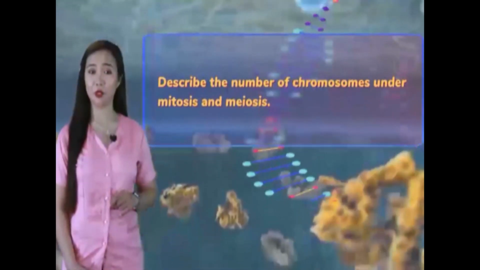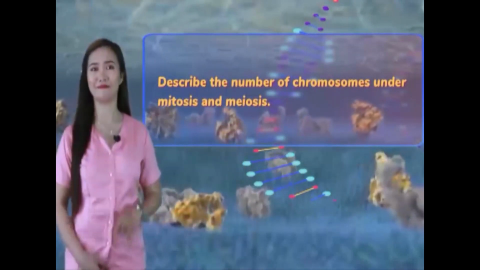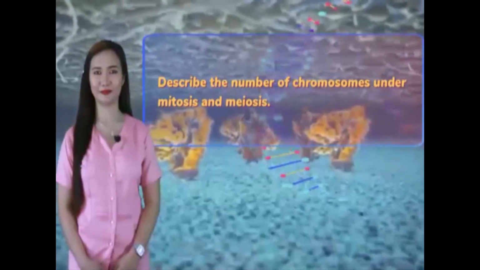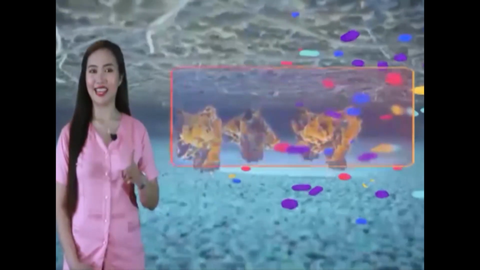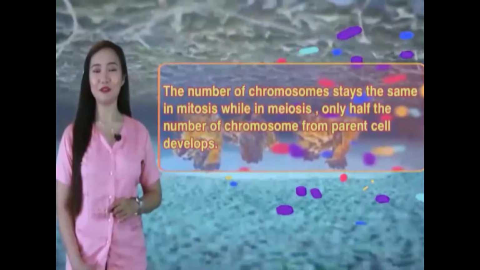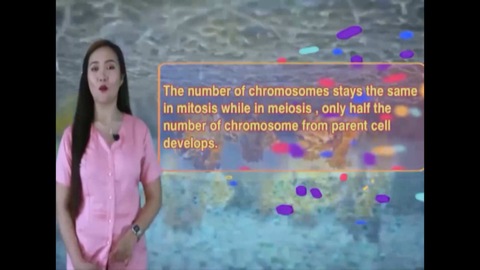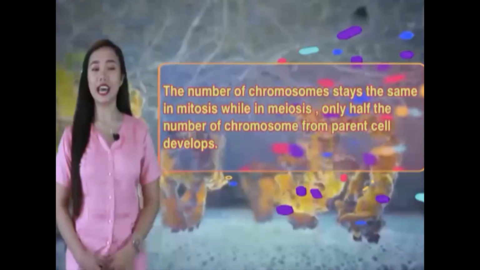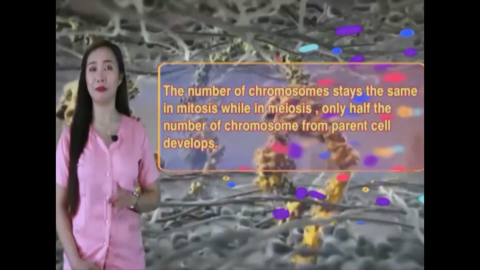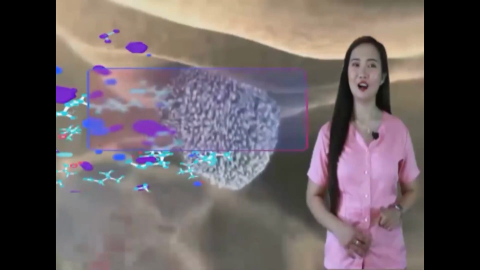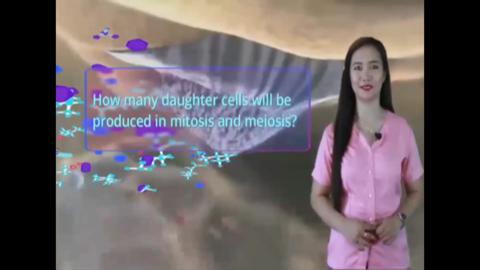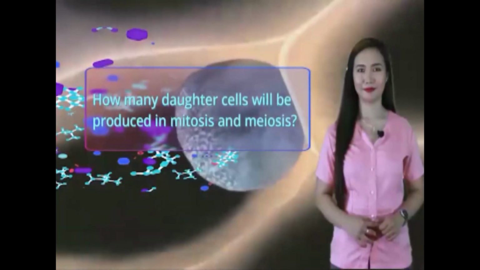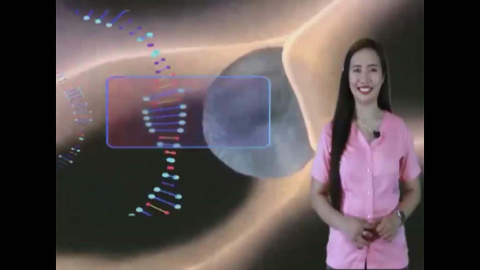Describe the number of chromosomes under mitosis and meiosis. Yes, the number of chromosomes stays the same in mitosis, while in meiosis, only half the number of chromosomes from the parent cell develops. How many daughter cells will be produced in mitosis and meiosis? Correct.